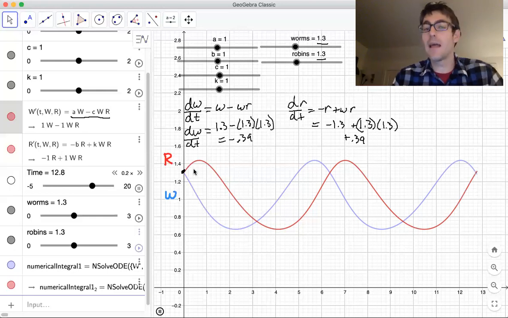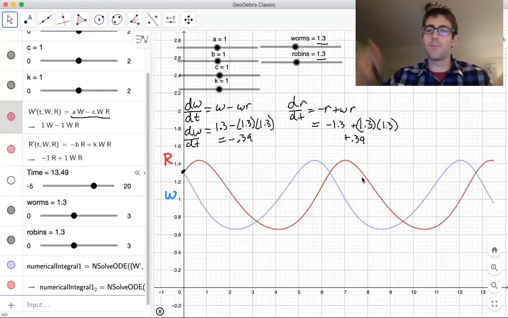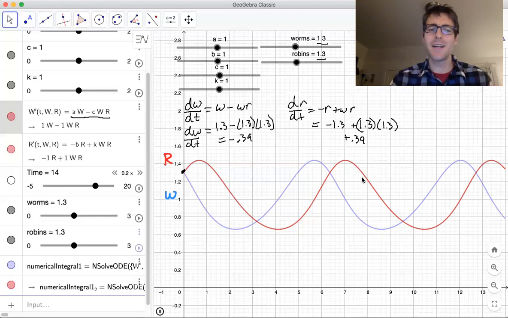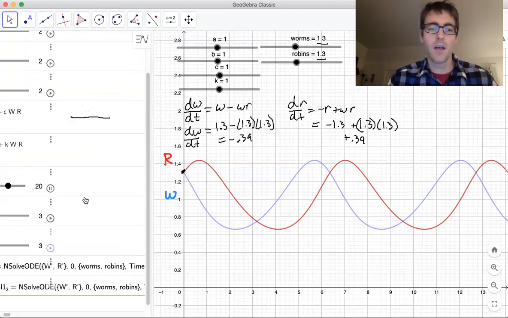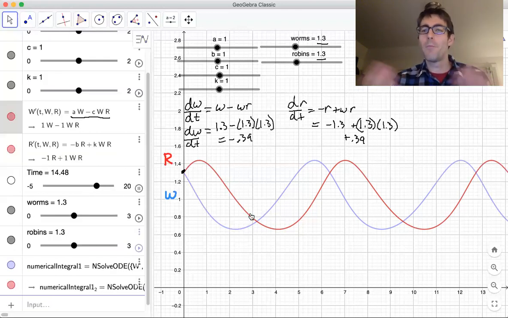It looks a lot like one, but the troughs and peaks are slightly different shapes. So it's not technically a sine function, even though it looks like one. But we get this similar looking cyclic pattern, which gives us a glimpse as to how this system might function.